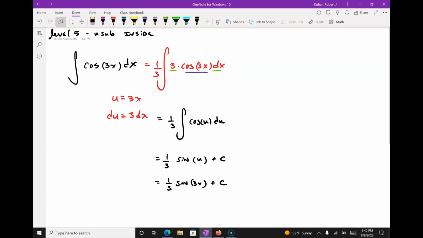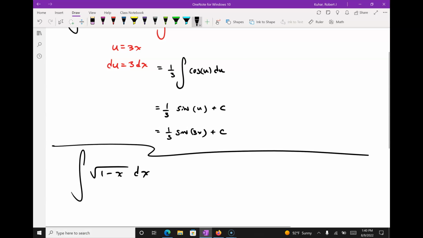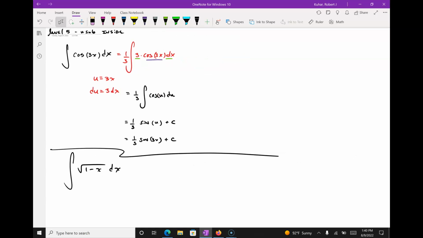Yes? We're going up to level 12, right? So we're on level 5 today. Maybe we'll try a level 6 today.